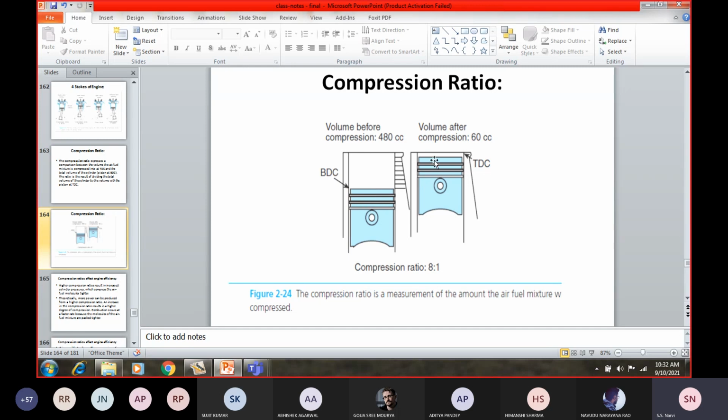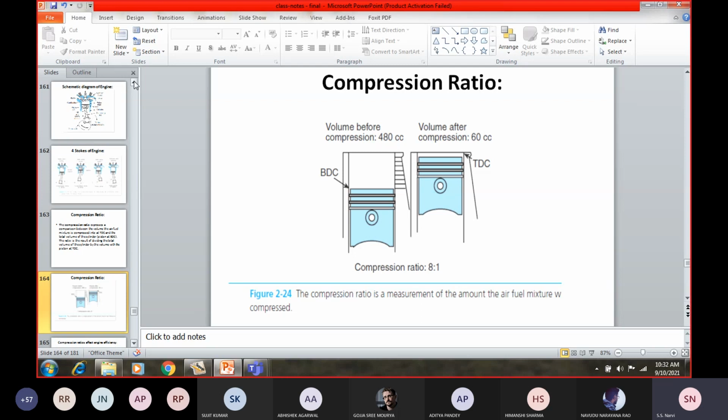That is why the efficiency of the engine and the work output is directly related to the CR, compression ratio. The more the piston is pulled down, the more work will be attained. So therefore, this is the CR ratio.